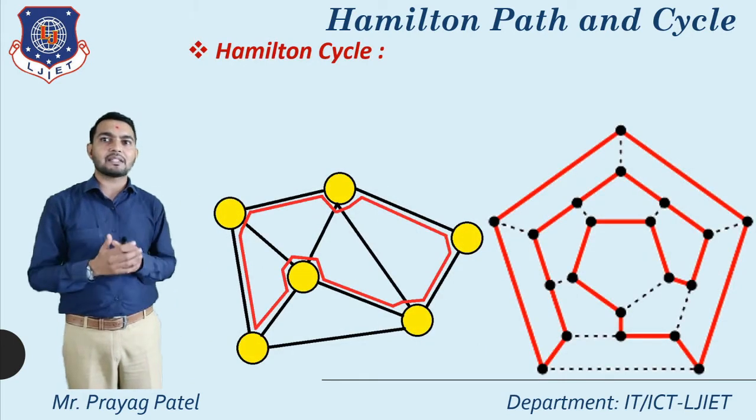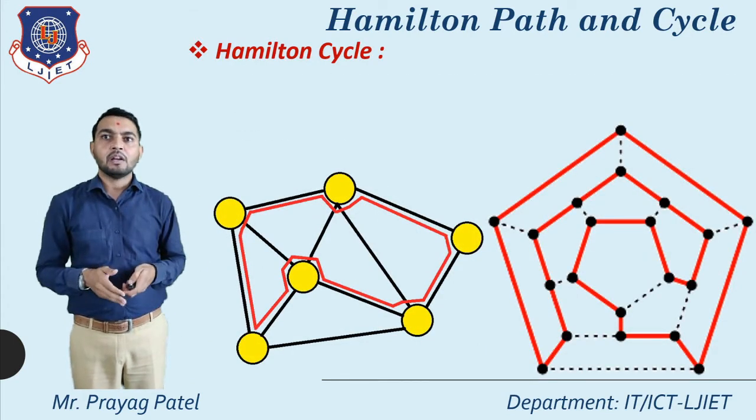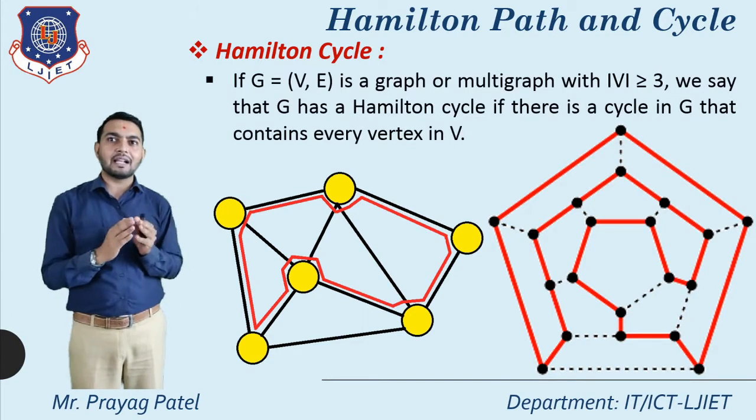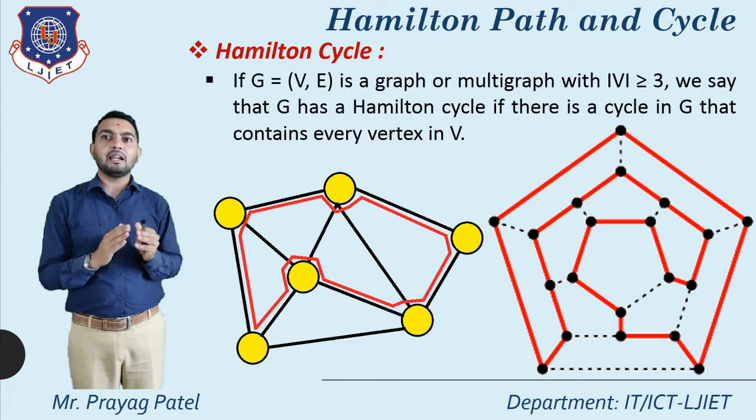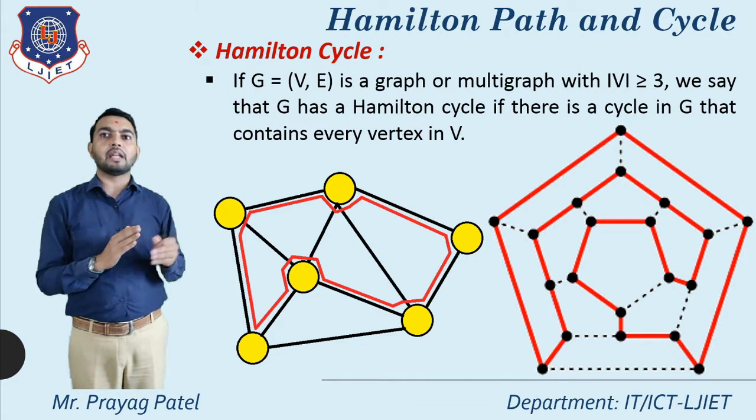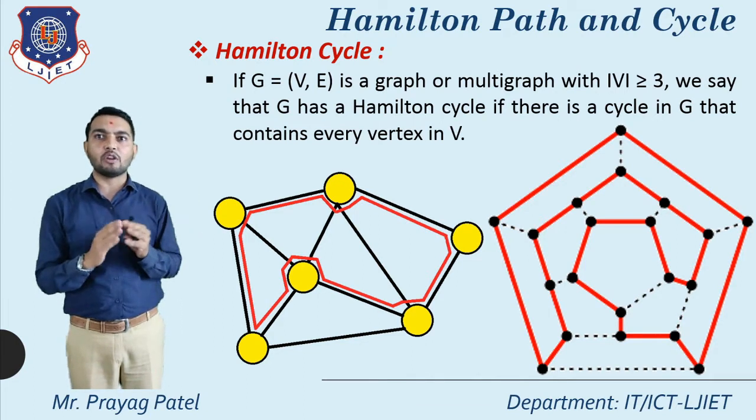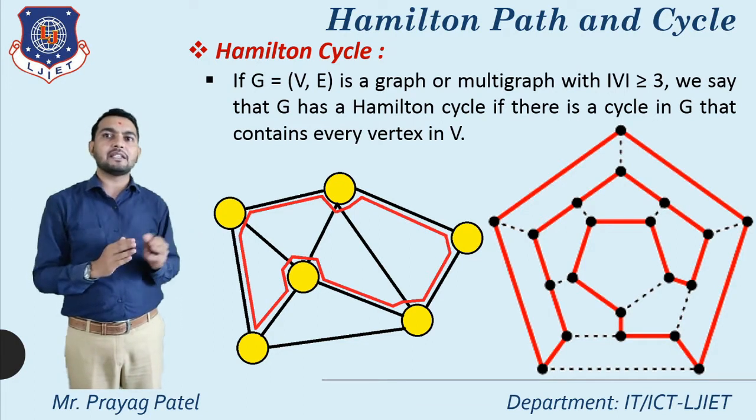Now the next definition is Hamilton cycle. We already know what a cycle is. In a cycle, repetition of nodes is not allowed, and repetition of edges is not allowed.